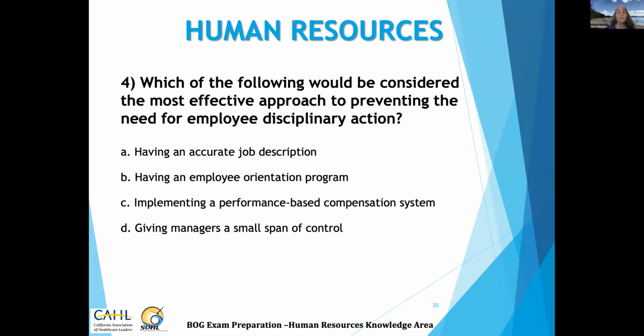Again, we're looking at the most effective approach to preventing the need, not what is part of an employee disciplinary action, but the need for one. And let's see, what are we getting? Oh, we've got a lot of A's. I believe that to be appropriate as well, because how can you have a need for employee disciplinary action unless it's very clear what the job description is and what their duties are?